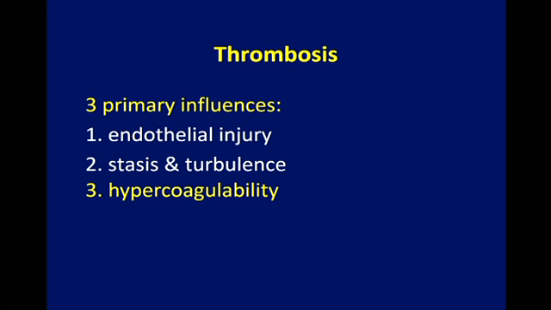The other primary influence is hypercoagulability of the blood. There are many different clinical situations. Can you give me a few? We've done one last week. Cancer, thank you. Certain cancers can release thrombogenic agents.